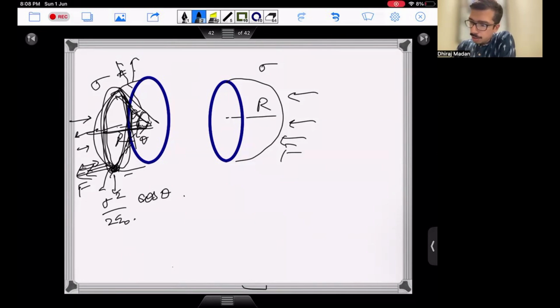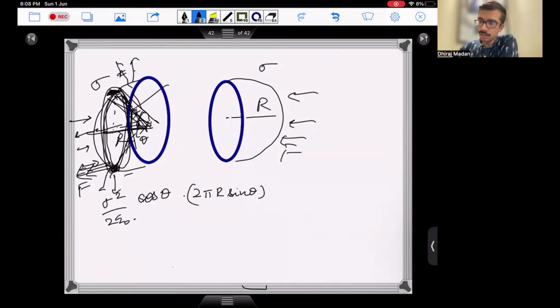The radius of this ring is r sine theta, so 2 pi r sine theta is the perimeter. And this ring is going to have some thickness also. This thickness is r d theta, where d theta is the change in angle, and r is the radius. So r d theta is the thickness of this ring.